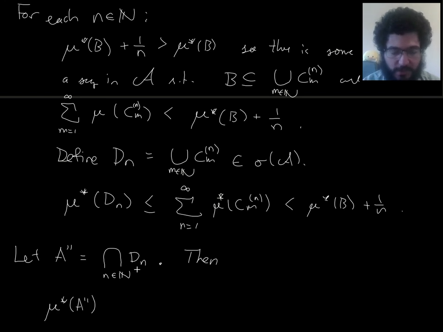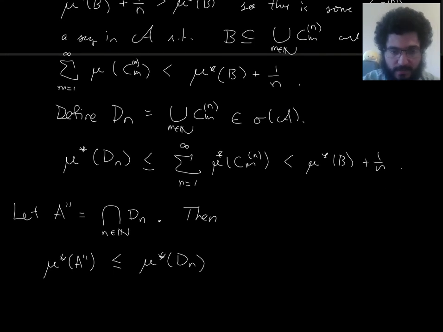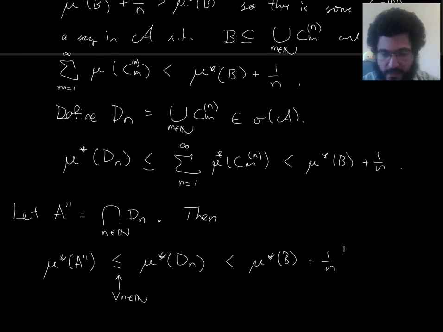So it's mu star of the intersection of all the D_n's. So that means it's mu star of something which is a subset of every single one of the D_n's. So that means for all n, it's less than or equal to the outer measure of D_n, right? So I'm saying for all n, this is less than or equal to that, which we just saw is less than outer measure B plus 1 over n. So this is bounded above by this for all n.